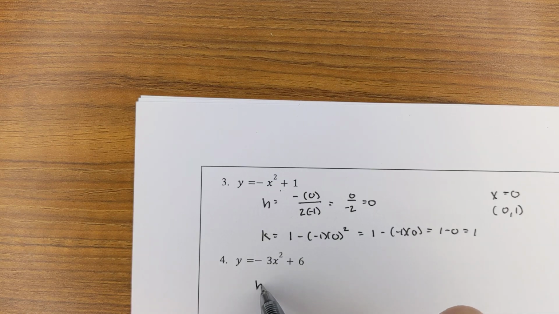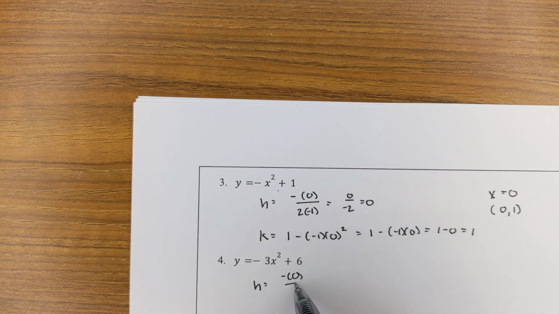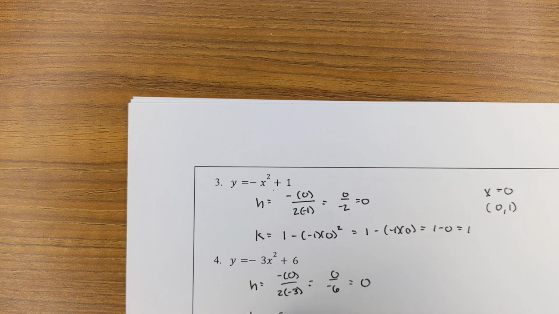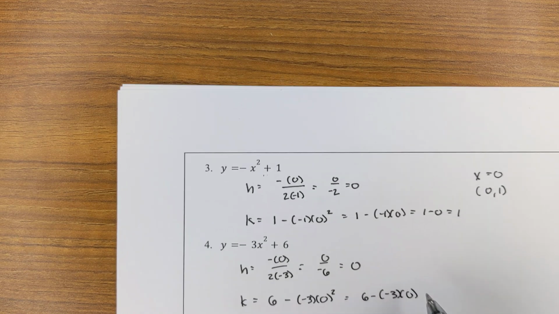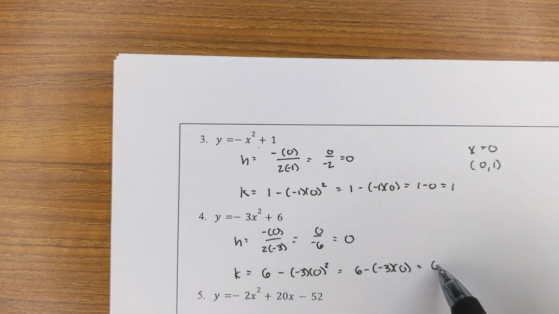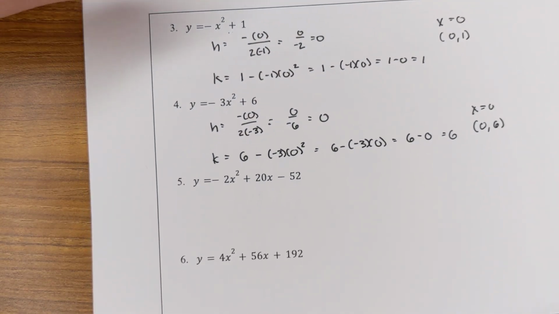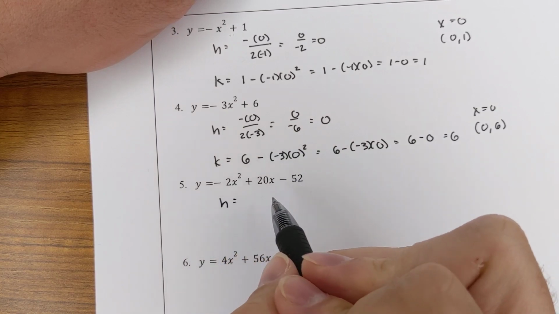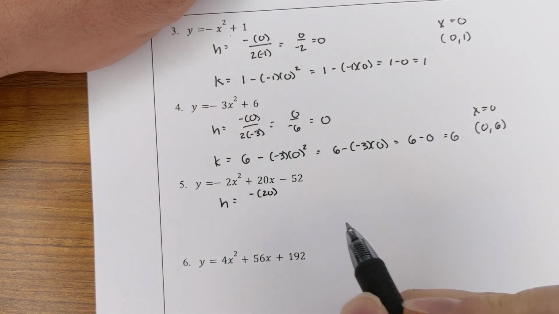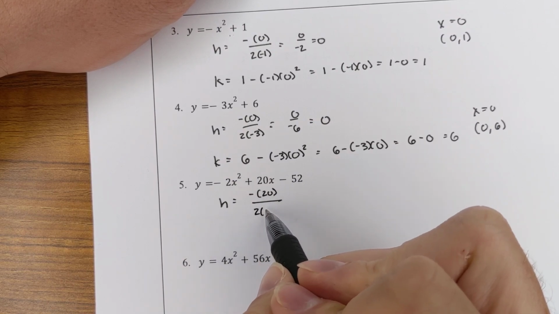Once again here, b is 0, so h equals negative 0 over 2 times negative 3. 0 over negative 6 is still just 0. So c minus a h squared. So 6 minus negative 3 times 0, oops, off the screen, 0. 6 minus 0, or 6. So the axis is x equals 0, and the vertex is at 0 comma 6. So for 5, h is negative b, so negative 20, over 2a.